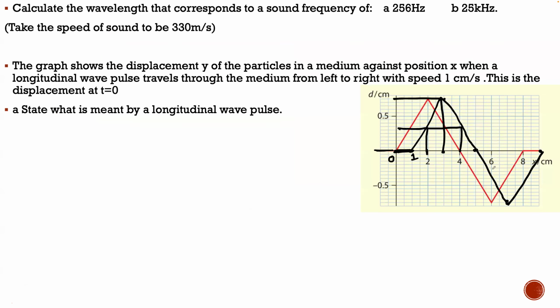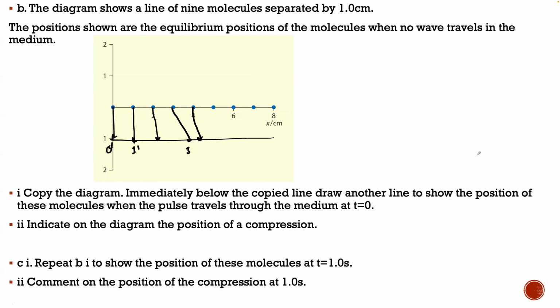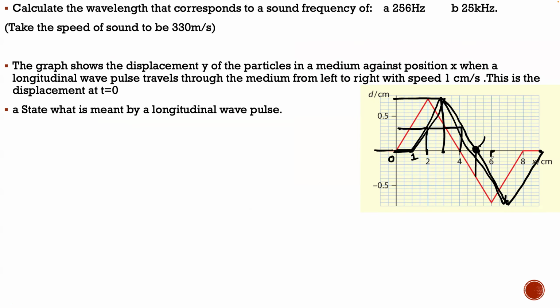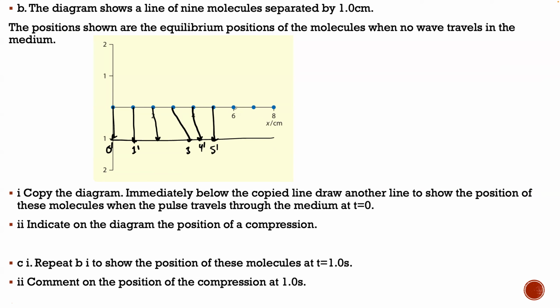Particle 5 has gone to the left. Sorry, particle 5 is 0. I'm sorry, particle 5 is 0. It's not going anywhere because that's the new wave. Particle 5 is going nowhere. That's 4 dash, 5 dash. Particle 6 is going as much as particle 4, but to the left.